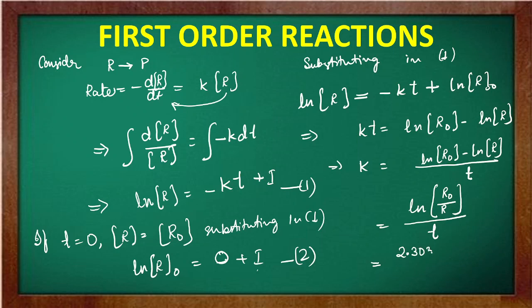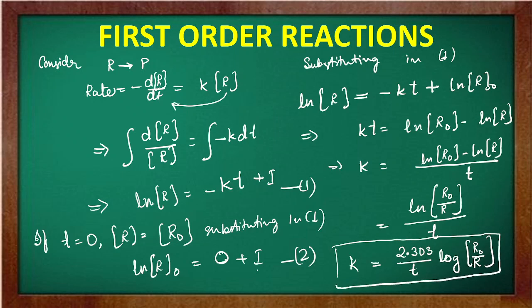This will be equal to 2.303 by t log [R] naught by [R]. This is your integrated form of rate equation for your first order reaction. So these are your two integrated forms for zero order and for first order reactions.